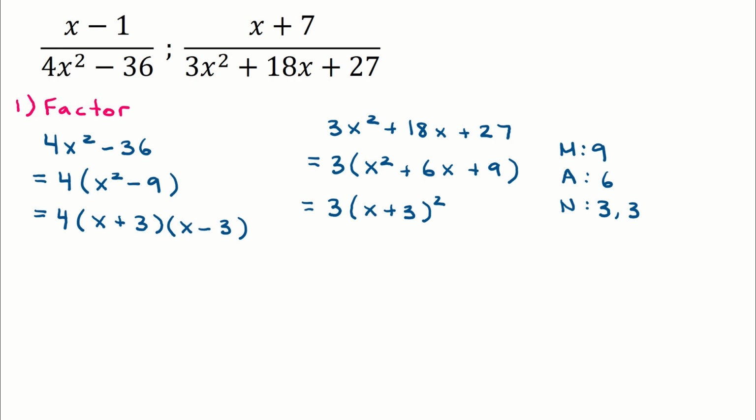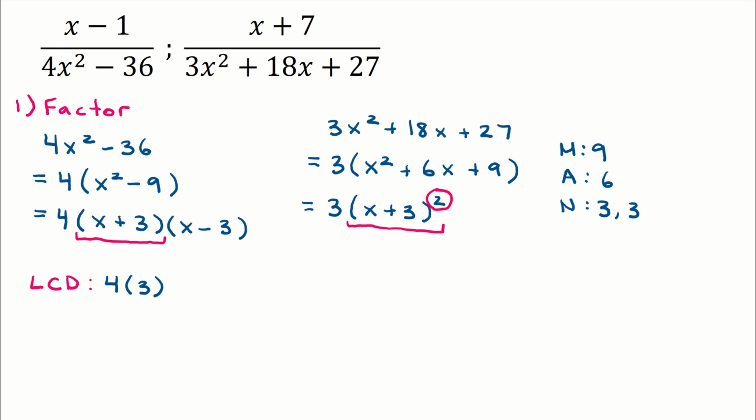When we go to identify our lowest common denominator, let's first look at the numbers. So we have 4 from the first one and 3 from the second one. Both of those have to be included. Then they both contain an x plus 3, but in our second denominator, that is raised to the power of 2.